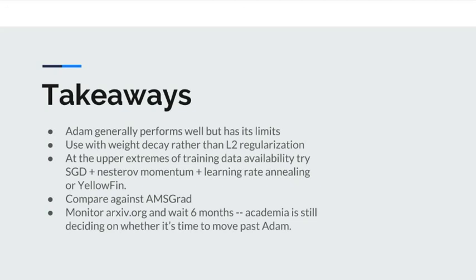And run a comparison against the recent paper which proposes Adagrad as a solution. Most importantly, monitor arxiv.org, and wait for academia to figure out and disentangle the causes of the lack of generalization behavior in Adam before deciding whether or not it's time to move past using Adam as your default optimizer.